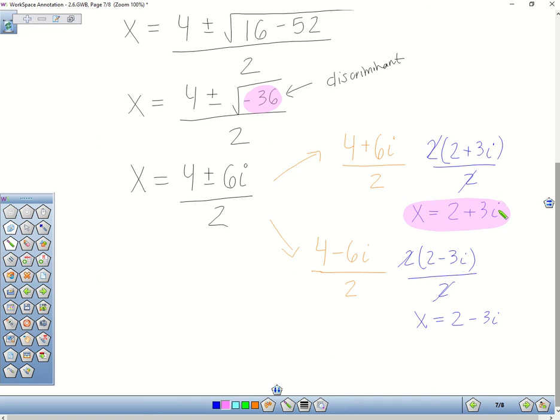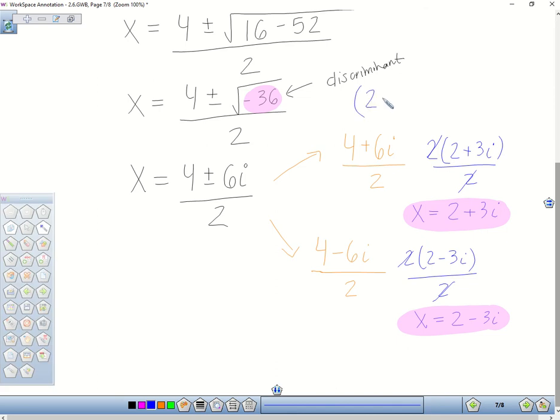Now, if you want to write these solutions in the form of an ordered pair, how this looks mathematically is it's just 2 plus 3i, comma 0, and 2 minus 3i, comma 0. Now we haven't learned this in this class yet, but there is a way to graph complex solutions.